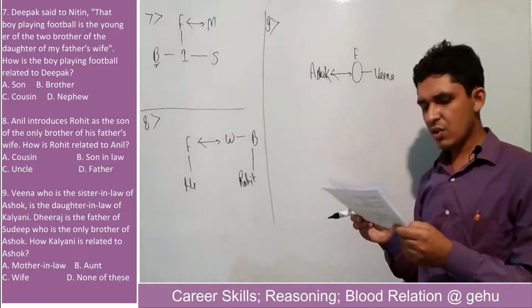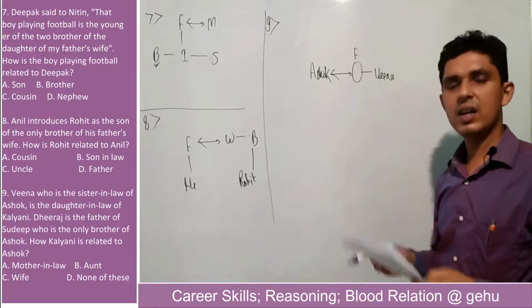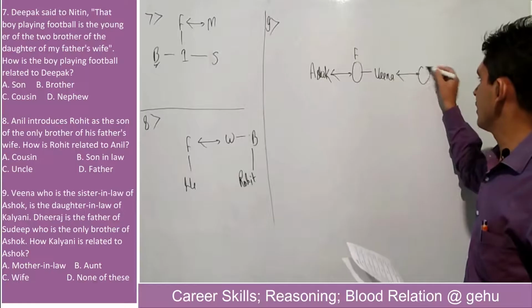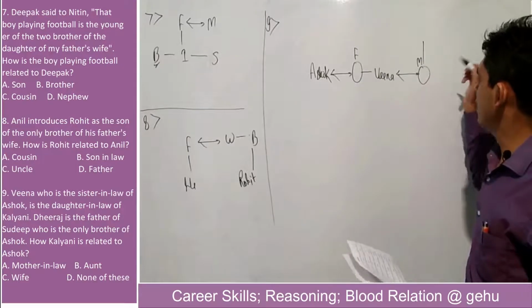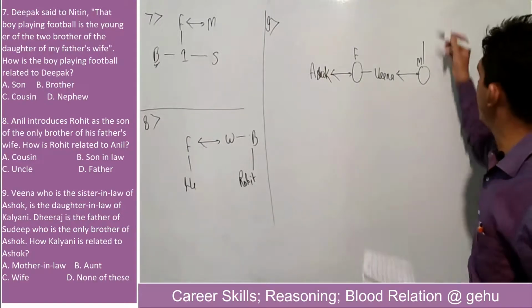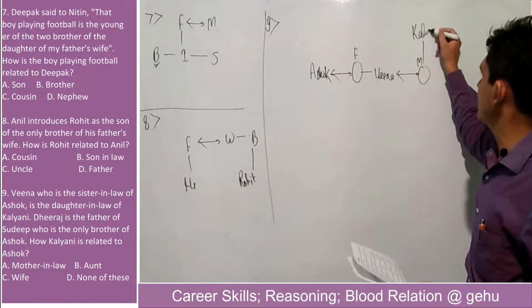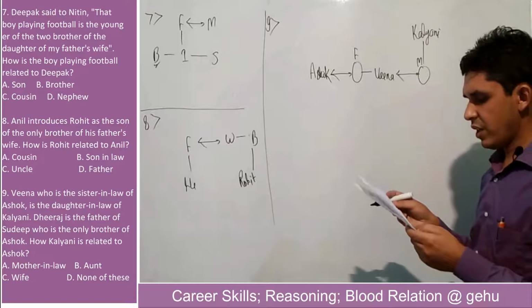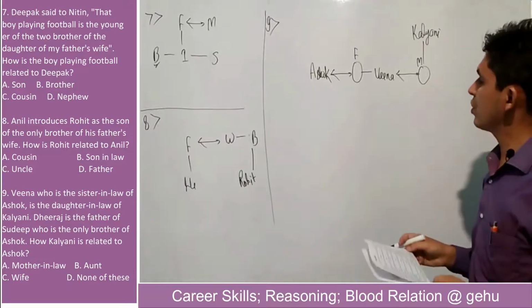Veena, who is the sister-in-law of Ashok, is the daughter-in-law of Kalyani. So again, Veena's husband will be a male, and his mother will be Kalyani. So I can write Kalyani here, okay? Dheeraj is the father of Sudeep, who is the only brother of Ashok.